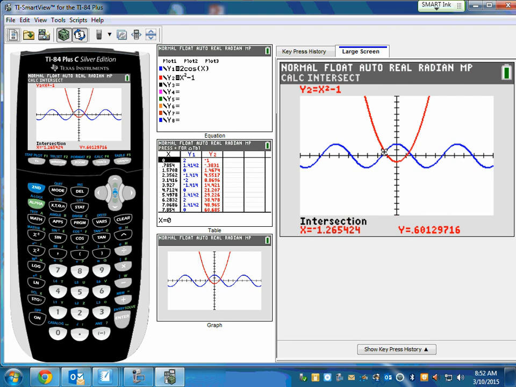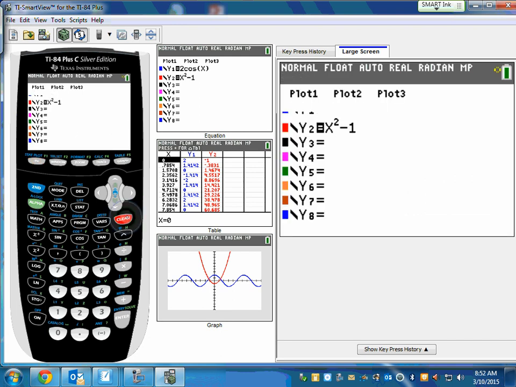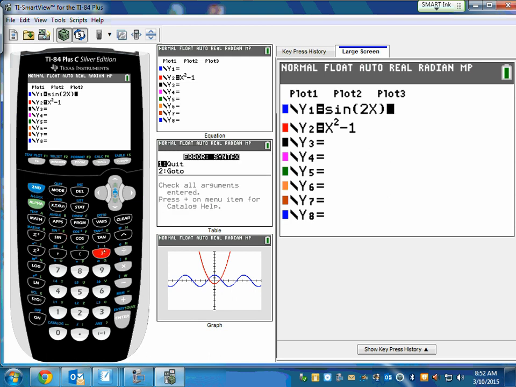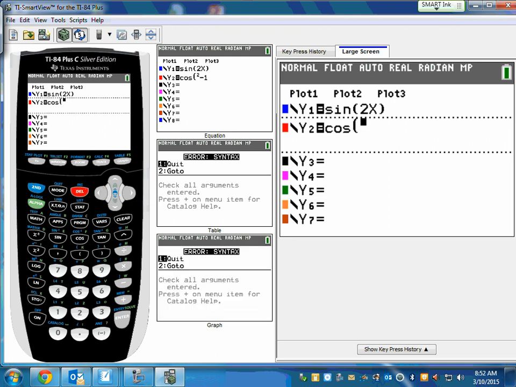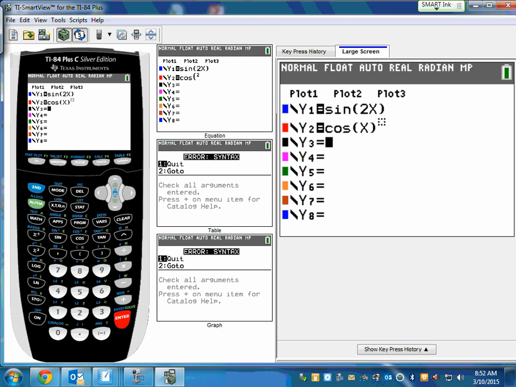Oh, look at this lovely thing from yesterday. 2 sine x. Nope, just kidding. That's not what we're doing. Sine of 2x and cosine of x. Oh my gosh. Have I ever said I hate this calculator? I think I say it every time we do this. We're just going with it.